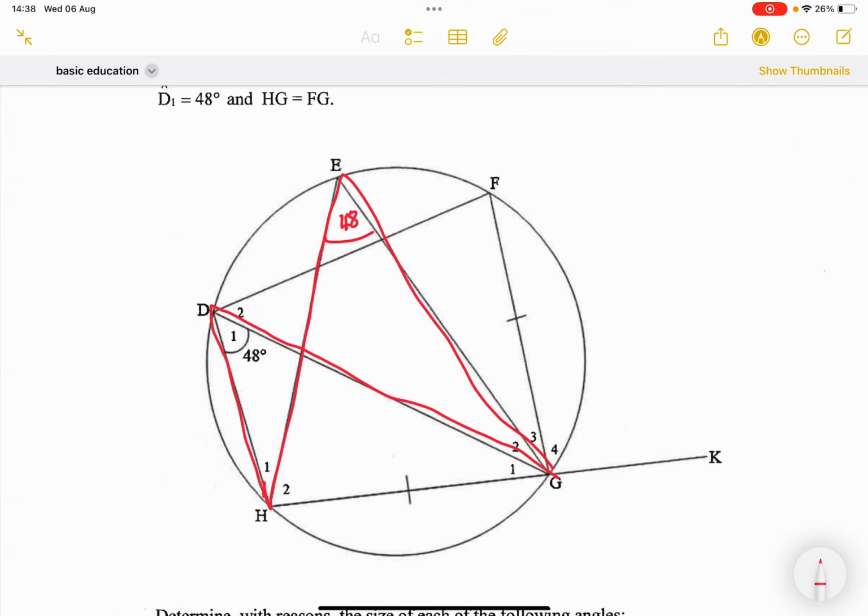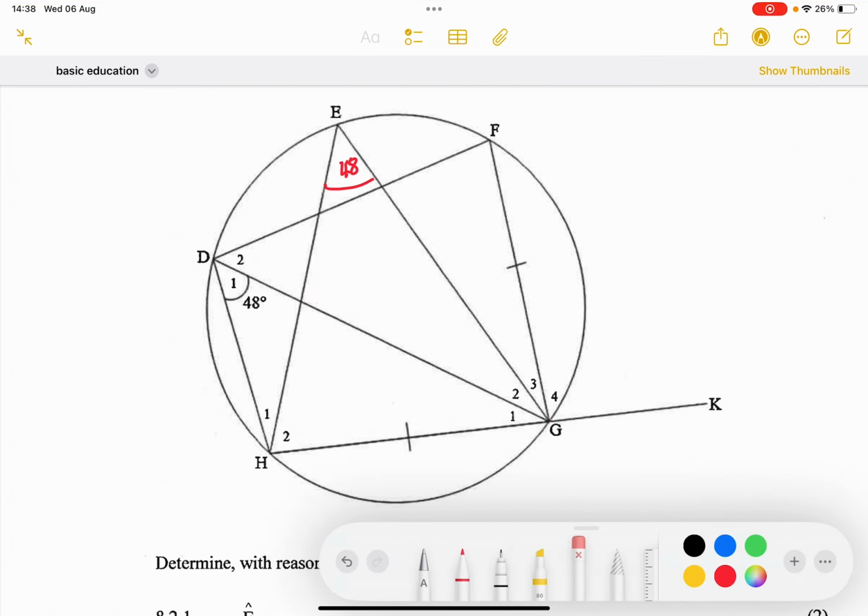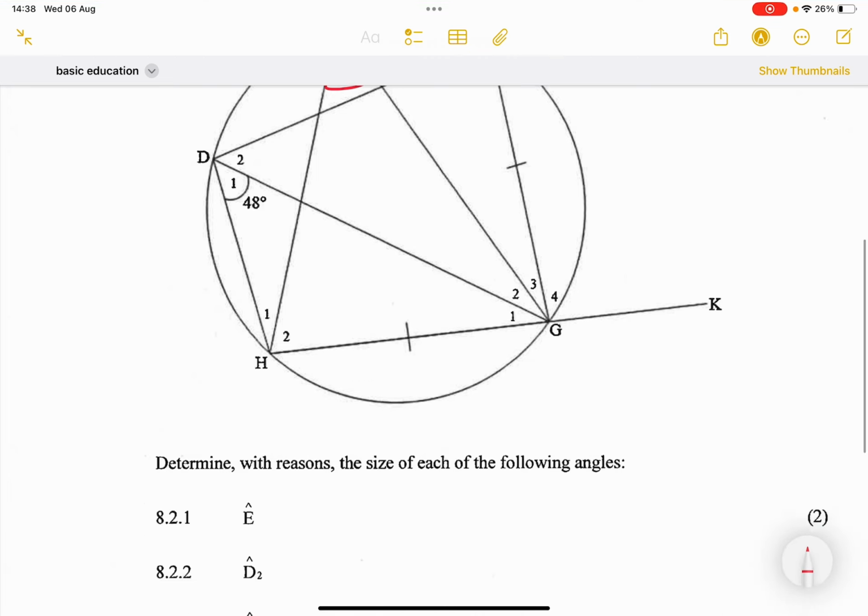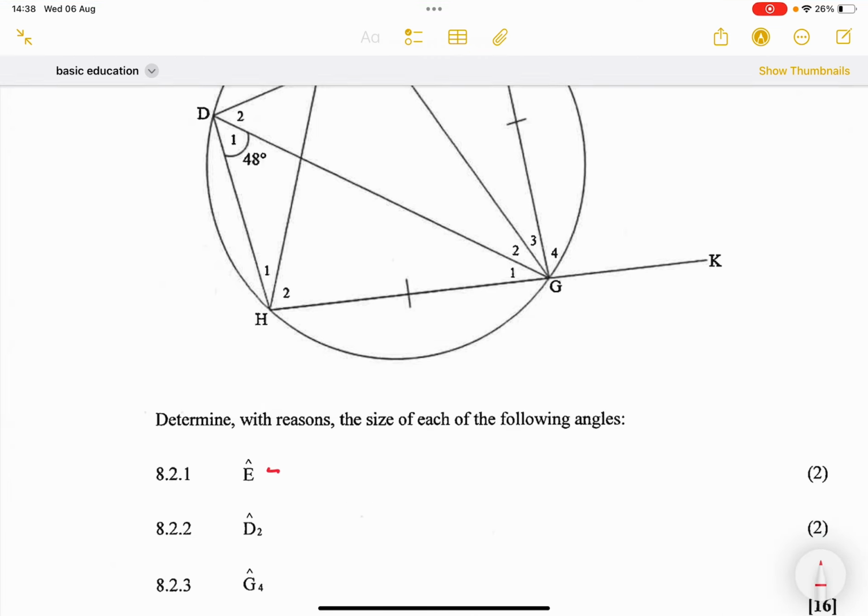We often call it the butterfly theorem or the bow tie theorem, whatever you want to call it. So in this case, we know that angle E is equal to D1, which is 48 degrees. And these are angles on the same segment.